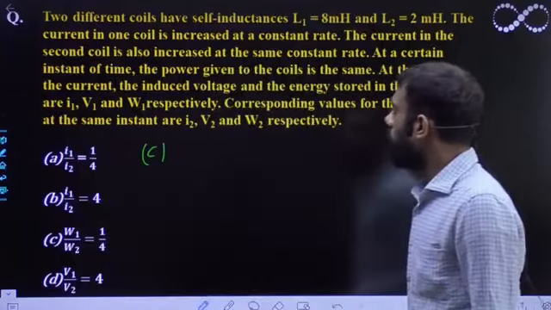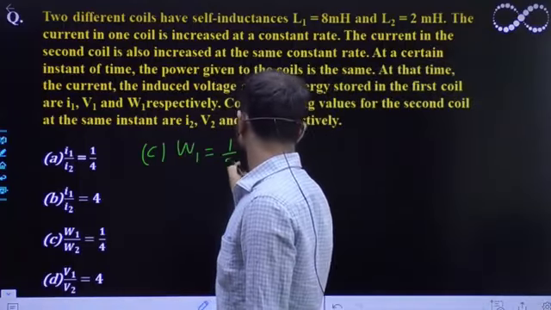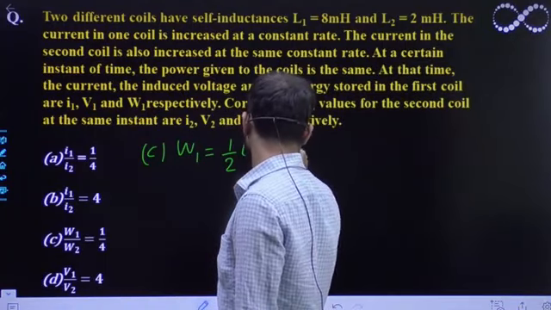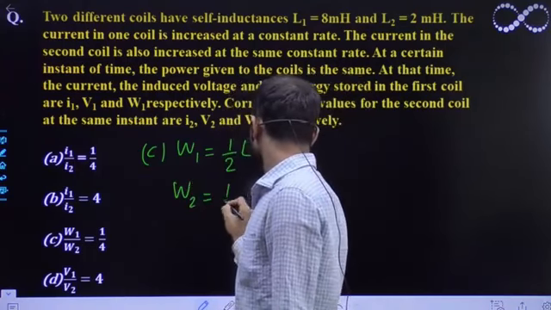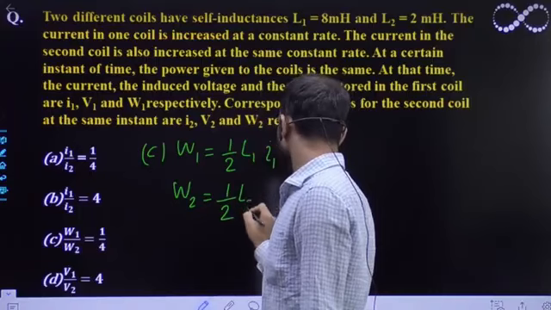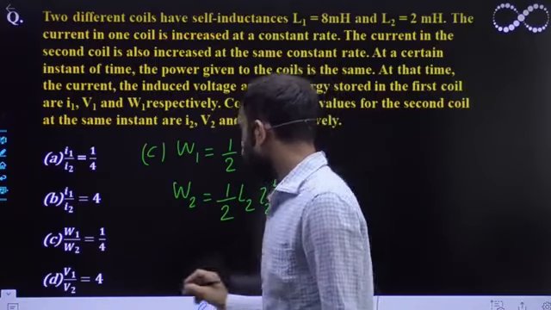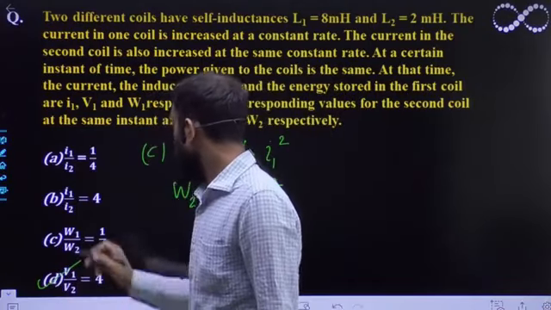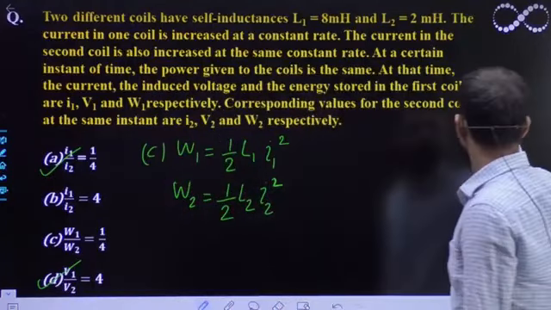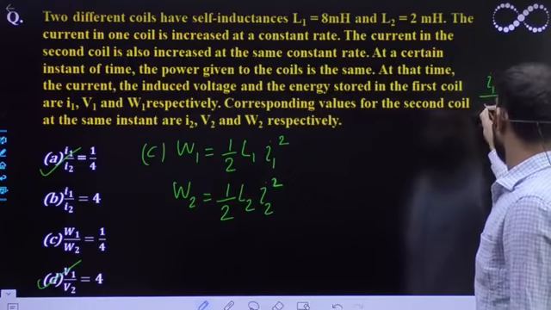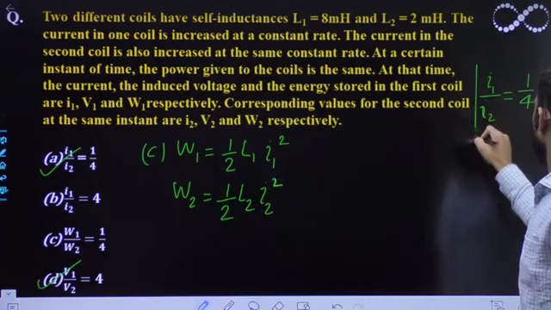It is saying W1, and W1 is nothing but the energy stored. So W1 will be 1 by 2 L1 I1 square, and W2 will be 1 by 2 L2 I2 square. So till now two options were correct, D and A. I1 upon I2, from the previous slide, I know it is 1 by 4.